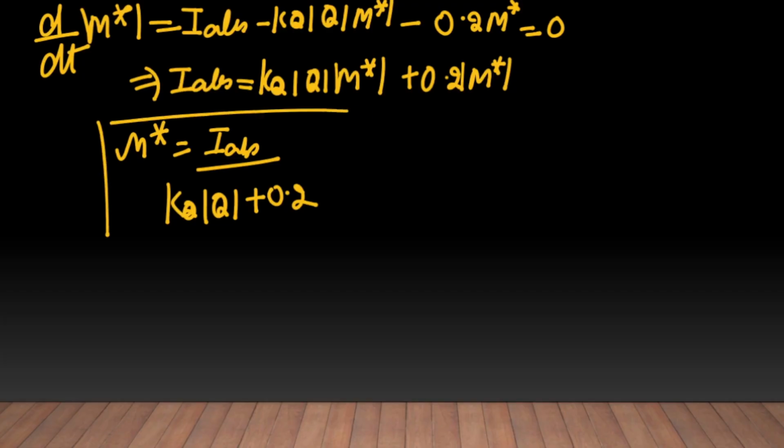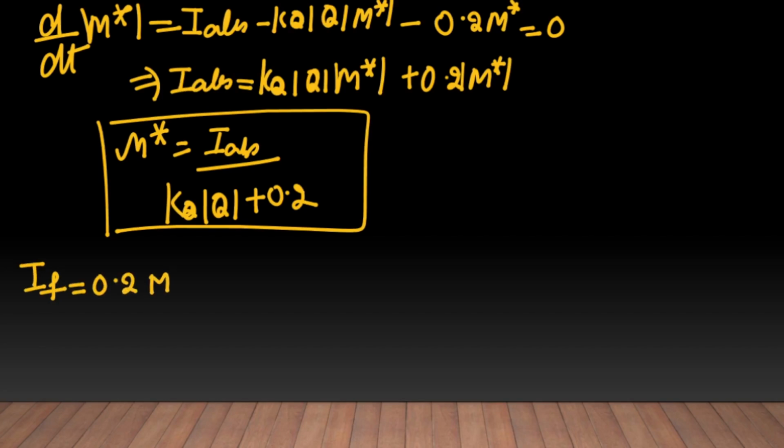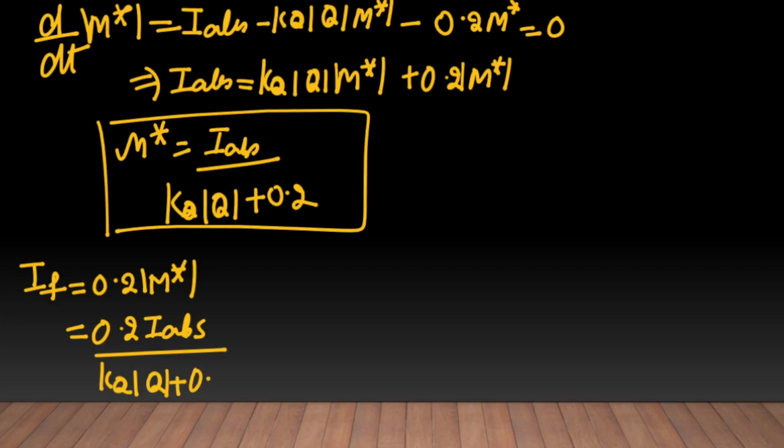This is the value of M star we are getting. So from here, IF, which was equal to 0.2 times the M star, we can make the substitution of this M star over here. It comes out to be I observed upon kq into q plus 0.2. This is equal to IF.